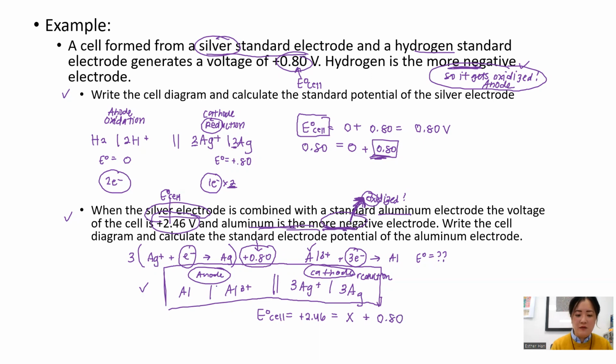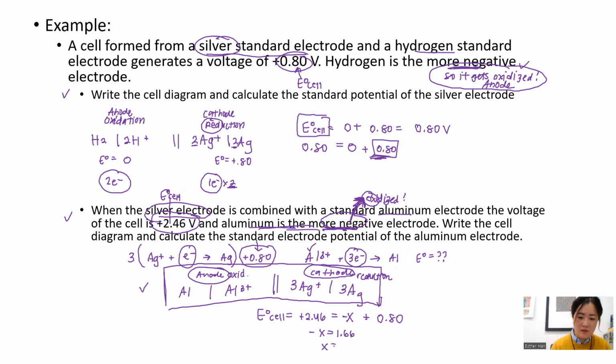The anode, though, be careful, because at our anode we actually have oxidation occurring and not reduction. So whatever number you calculate to get the standard reduction potential, it's going to be the reverse of that. That's why there is a negative sign right here. You would calculate this out. For the X value, I got negative X is equal to 1.66.